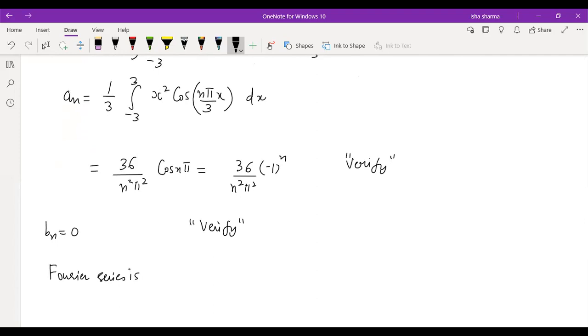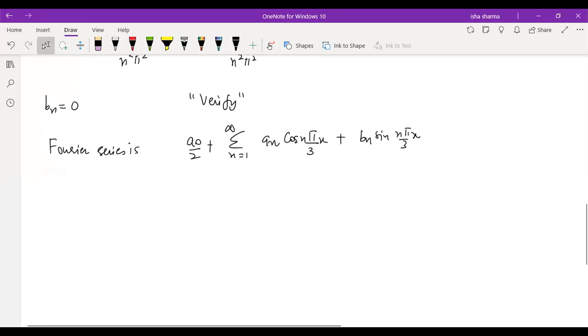The Fourier series is a naught by 2 plus summation n is equal to 1 to infinity an cos n pi by 3 x plus bn sine n pi by 3 x, because L is 3. So a naught which we have computed is 6.